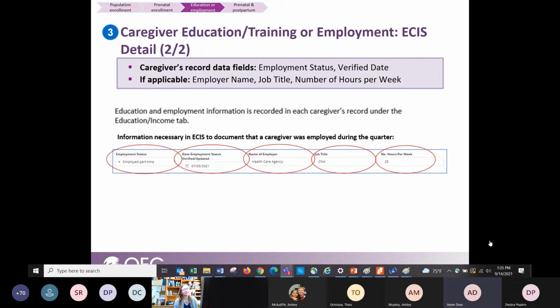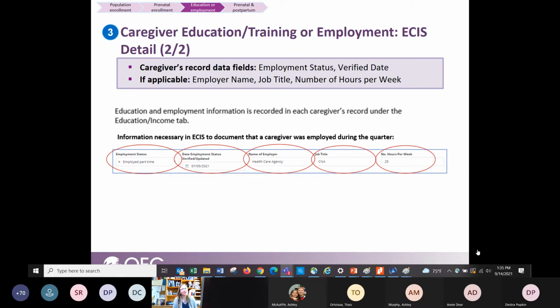Did I get that right, Connie? Absolutely. Someone just wrote in, so enter as you go and verify at the end of the quarter. Correct? Question mark, which I think is a pretty good summary. But you don't really have to verify at the end of the quarter.